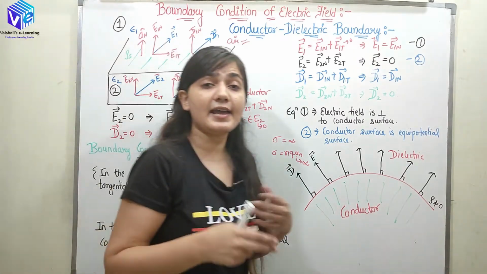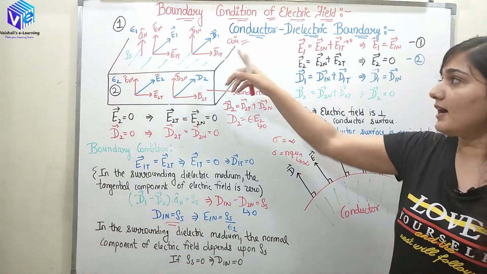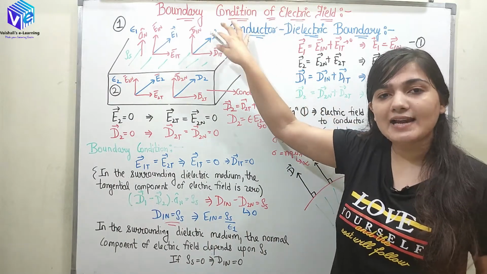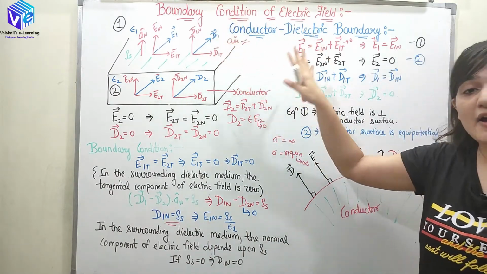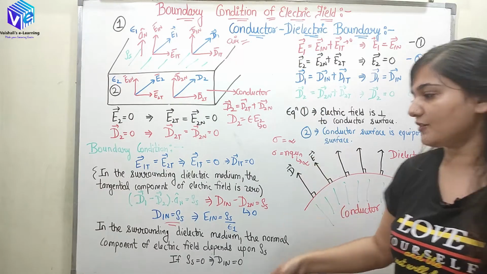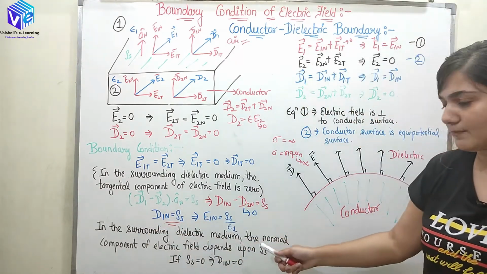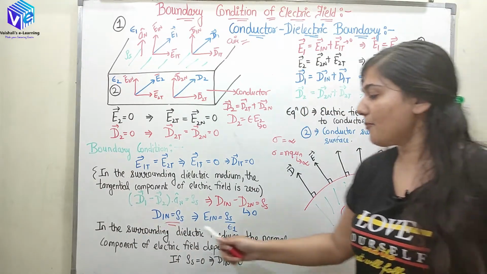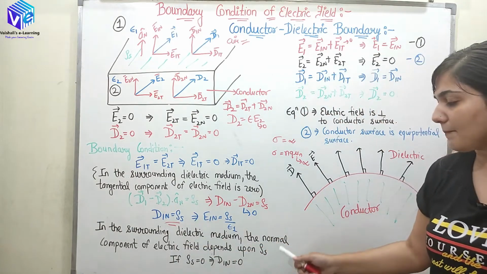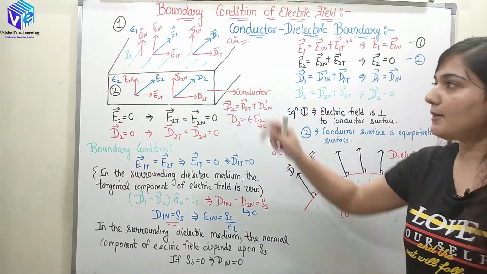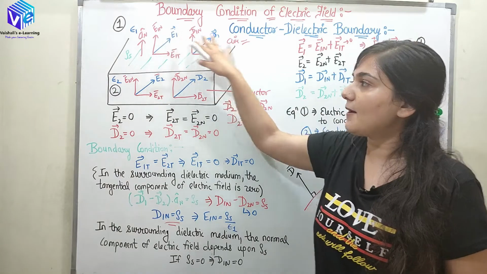So I can conclude that in the surrounding dielectric medium, that is the air, the normal component of the electric field is present and depends upon rho s.